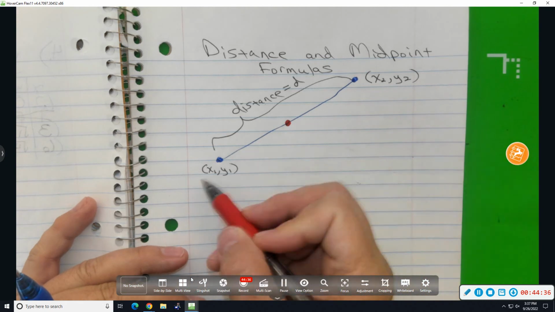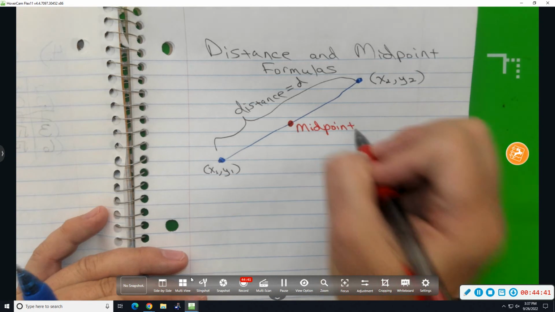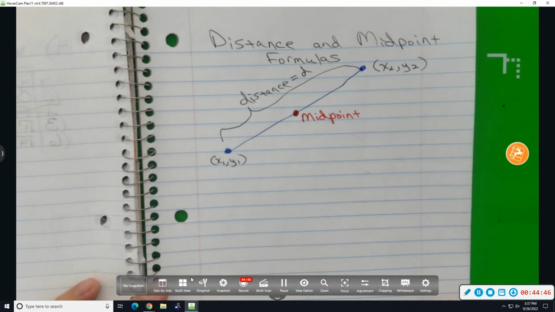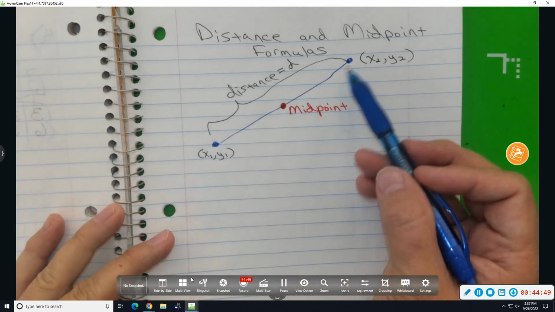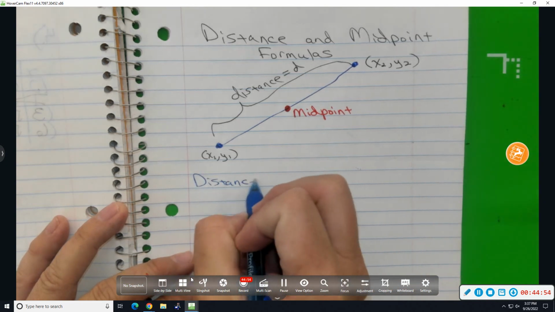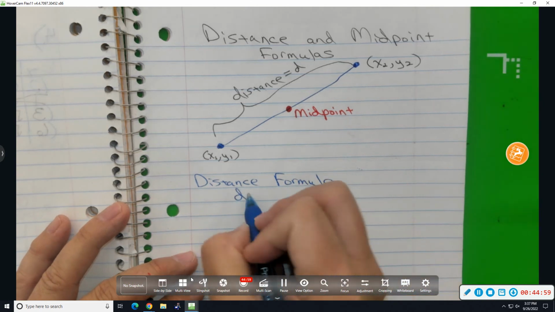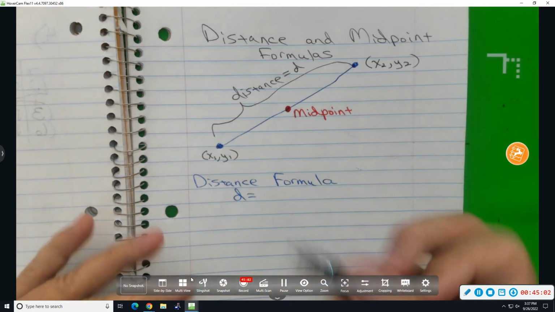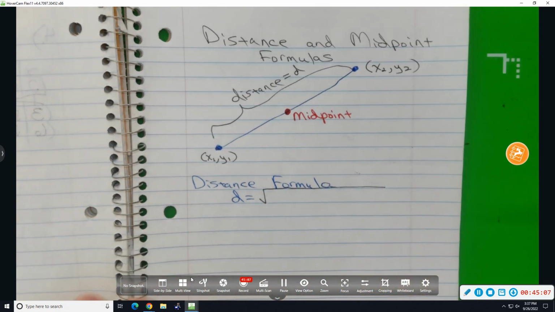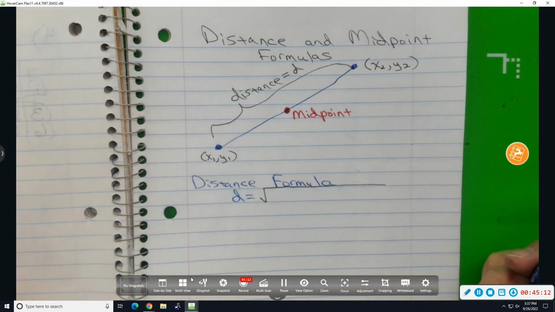The length of the segment is the distance. To find the length of that segment, we have something called the distance formula. D equals the square root of, it's a big square root. You subtract the x coordinates in any order.